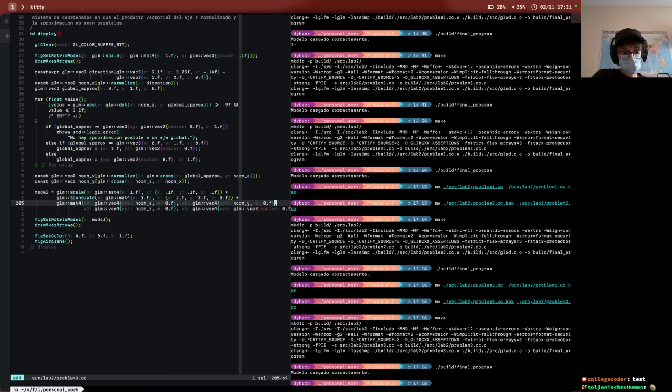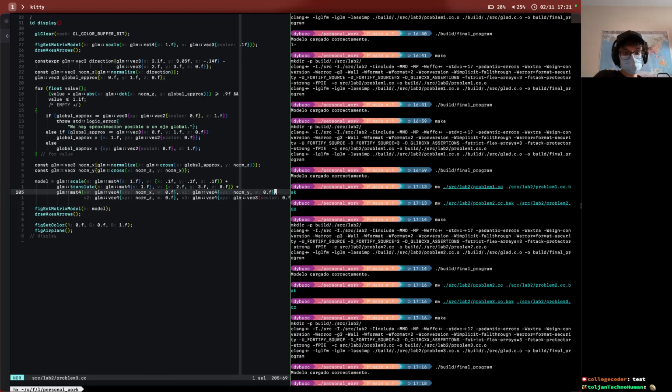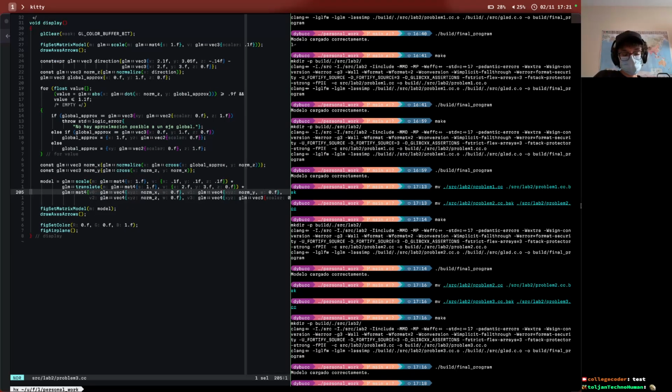GLM forces me to normalize x, and basically it makes a new matrix, which applies the final transformation, which is pretty obvious. You make the translation and you compose it with the rotation.